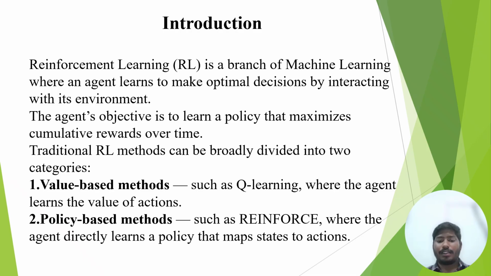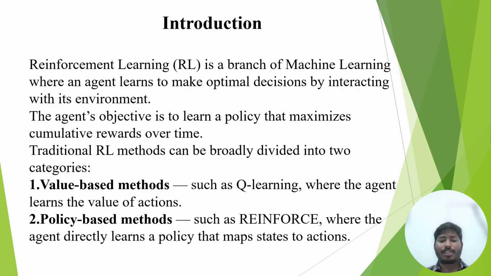In traditional reinforcement learning methods, there are two main types: value-based methods and policy-based methods. Value-based methods, such as Q-learning, where the agent learns how valuable certain actions are in given states.